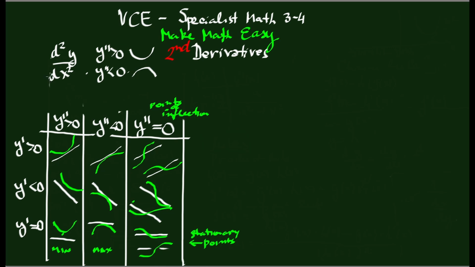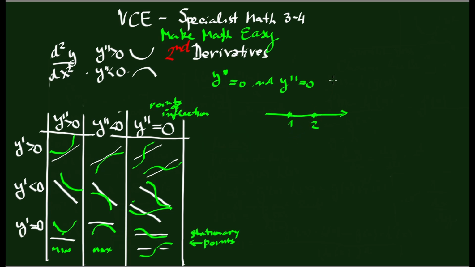So in the case where the first derivative is equal to 0 and the second derivative is equal to 0, and we want to make sure that we have points of inflection, we will check the sign of the second derivative around these points.